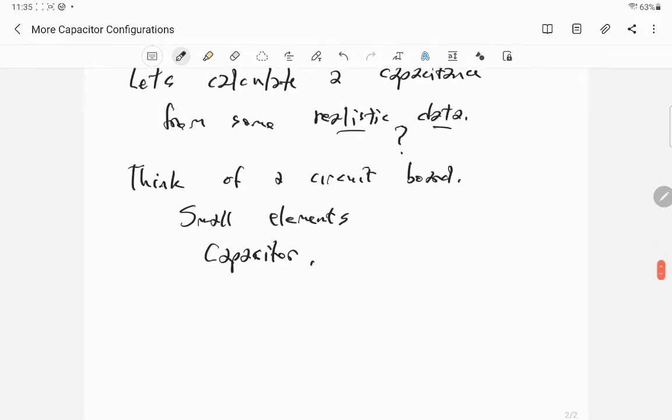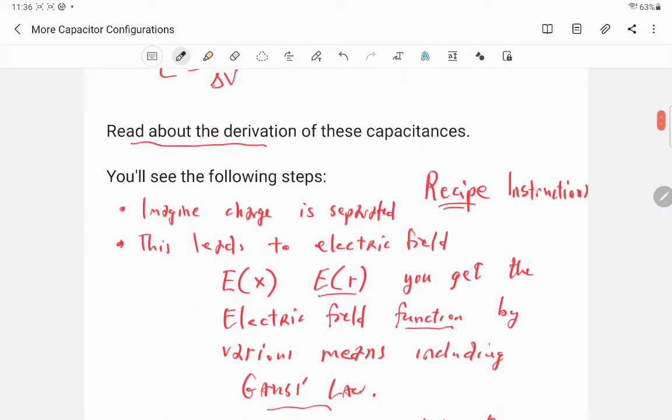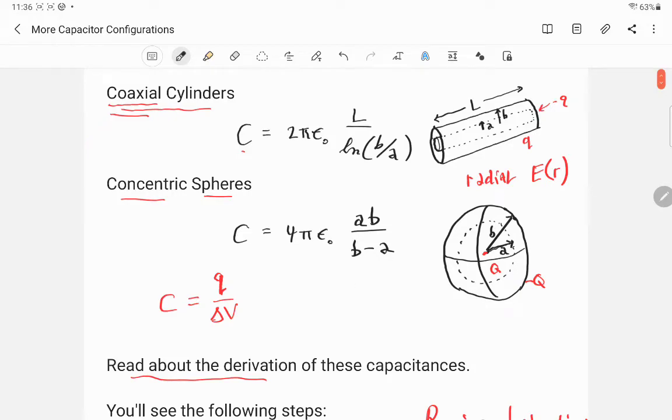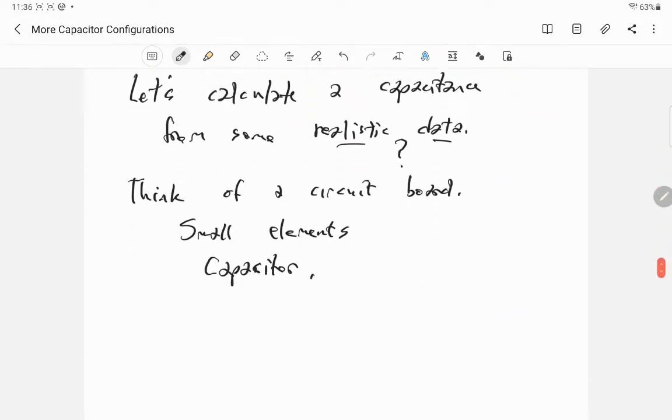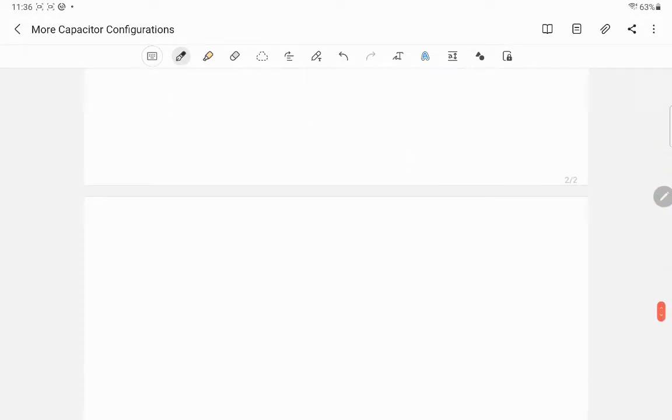So remember that for a parallel plate capacitor, which I haven't mentioned yet in this lecture, but let's start with that. Let's study a parallel plate capacitor for a second, and let's have a realistic one.